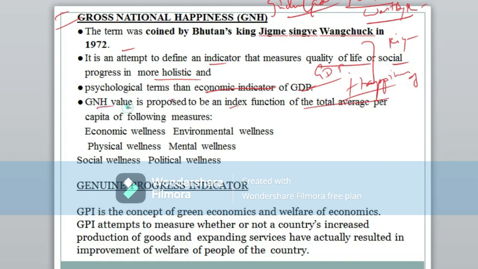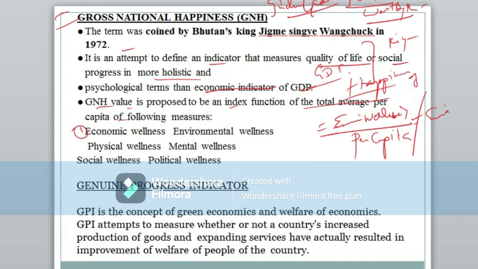So the Gross National Happiness value is proposed to be an index function of the total average per capita of the measures, which constitute economic well-being. ठीक है, आर्थिक सुदृढ़ता कितनी है पर कैपिटा, and it is a ratio. इकोनॉमिक वेलबींग टू पर कैपिटा इनकम, और इन्वायरमेंटल वेलबींग, जहाँ पर रह रहे हैं वो पोल्यूशन फ्री इन्वायरमेंट होना चाहिए, and it is the state of mental well-being relative to the per capita income.